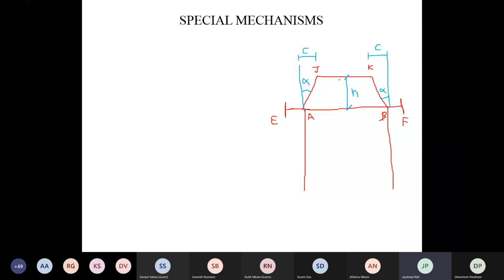This JK is a link which slides while the vehicle takes a turn towards left or right.